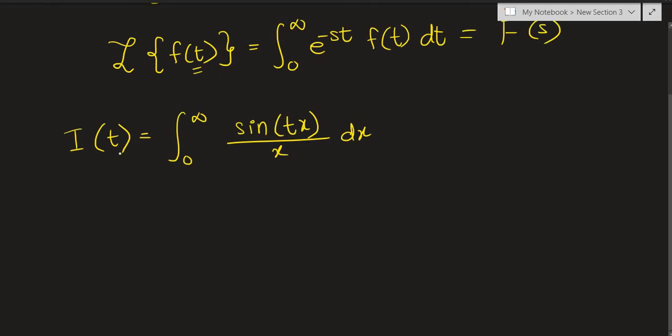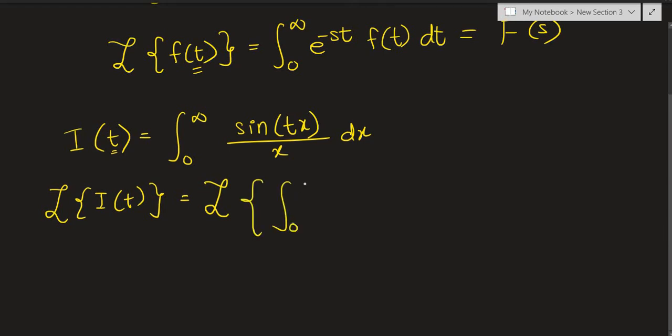So now we have a function of t, right? Let's take the Laplace transform on both sides. So we have the Laplace transform of I of t being equal to the Laplace transform of this integral from 0 to infinity of sine of tx divided by x dx.